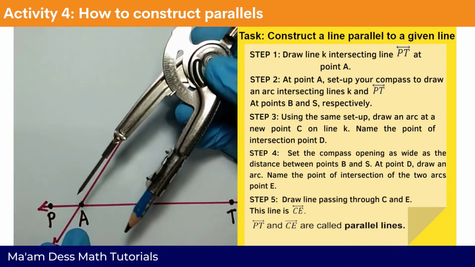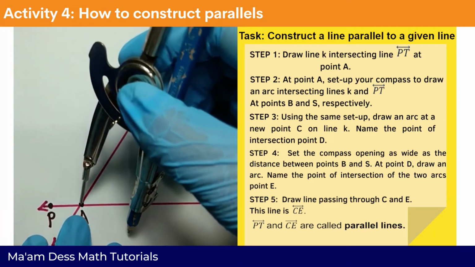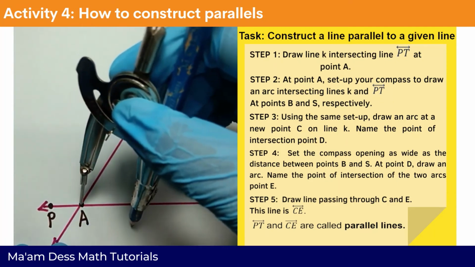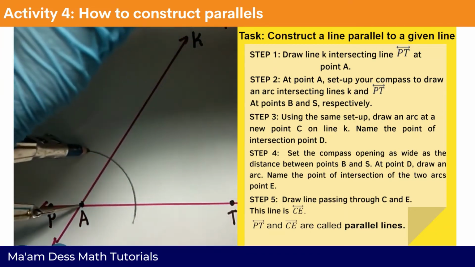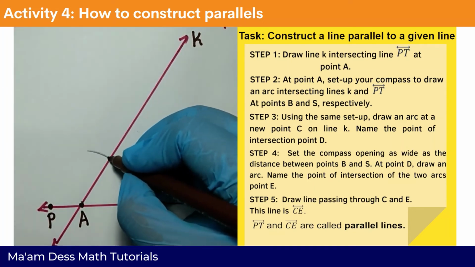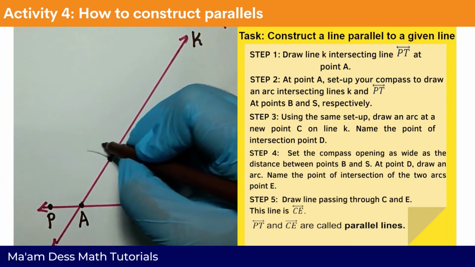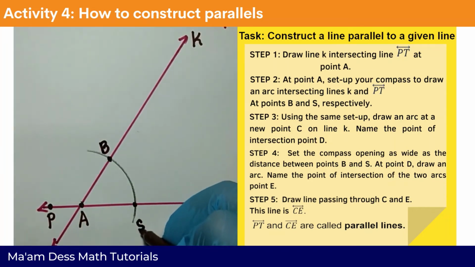So, at point A, place the tip of your compass and make an arc. And then label the intersections with points B and S. Okay, next.